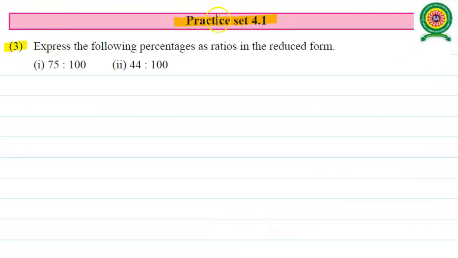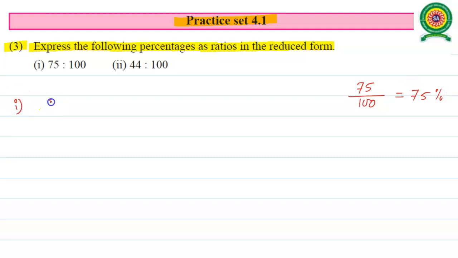Now look at question number 3 from practice set 4.1. Express the following percentages as a ratio in the reduced form. Percentage means any quantity we have to compare with 100. That means 75 divided by 100 is 75%.